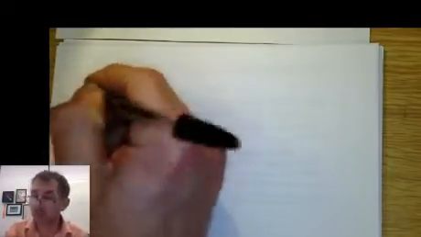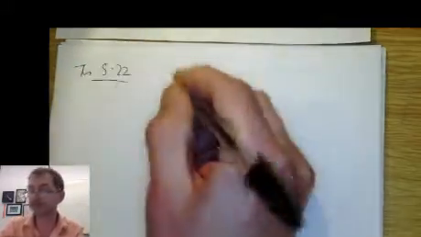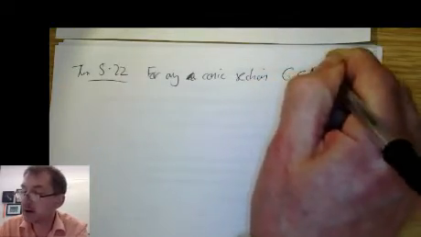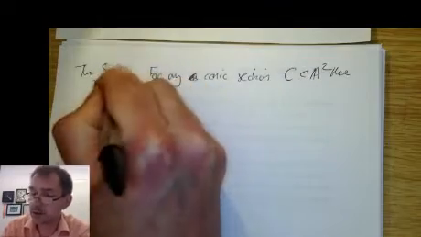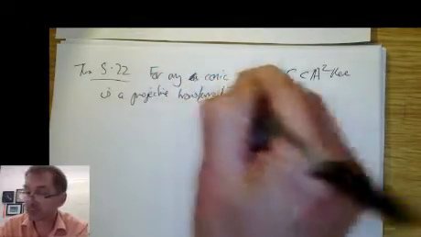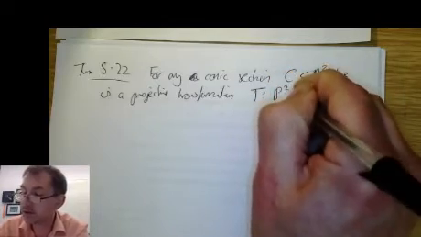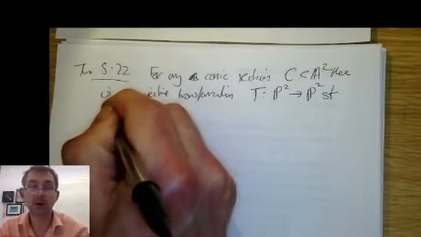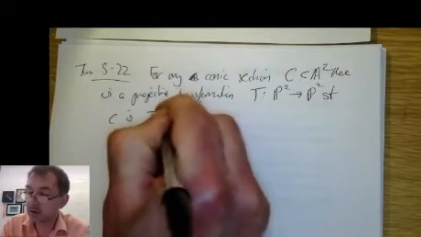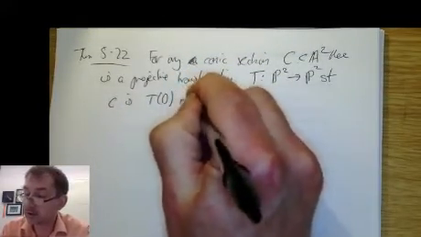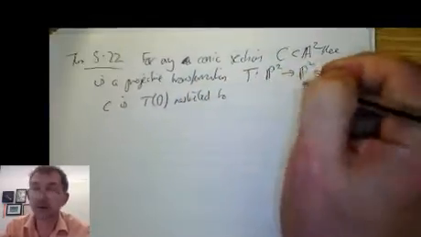So, theorem 5.2.2: for any conic section C inside A2, there is a projective transformation T which sends P2 to P2 such that C is a transformed version of D restricted to the third affine chart.